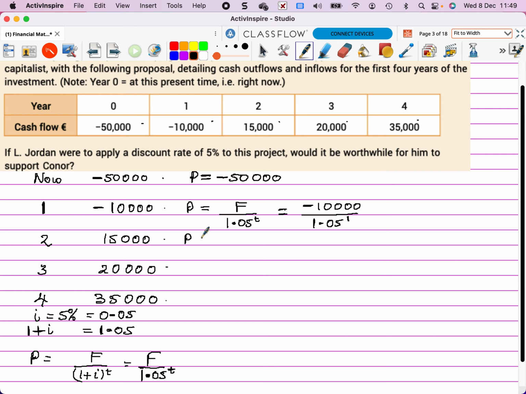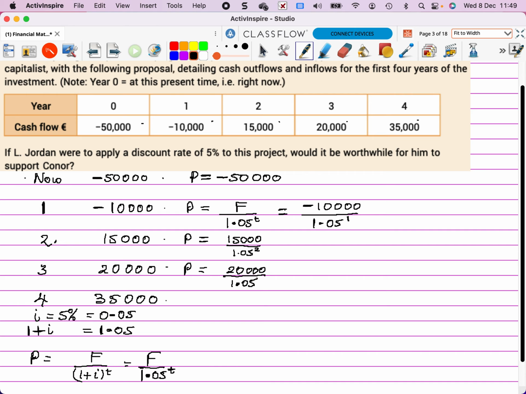The present value for this one, I don't have to write the formula out again, it's written above, is 15,000. So I put 15,000 in, and the interest rate is 1.05, but I'm bringing this one back 2 years to bring it into the now time. And then the present value for this one is going to be its future value, which is 20,000, divided by the interest, which is 1.05.